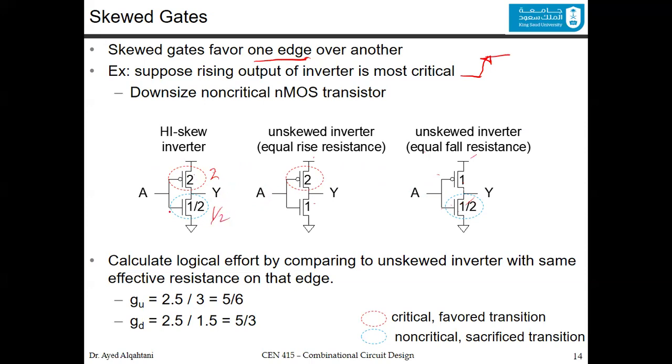That's the whole idea. Now, to calculate the logical effort, you compare to the unskewed inverter with the same effective resistance. And this is why we have these. So for this one, you should compare it to this inverter. And for this one, you should compare it to this inverter.